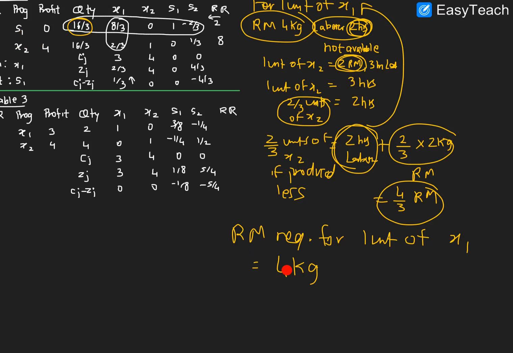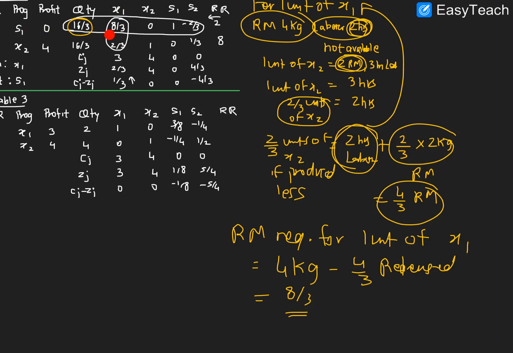Of course not, because if I am reducing my production of x2, 4 by 3 units of raw material is already getting released. So 4 by 3 is already getting released from x2, and I will utilize that for producing x1. So 4 minus 4 by 3, if you do it, you can observe that 8 by 3 is the sacrifice ratio between S1 and X1.